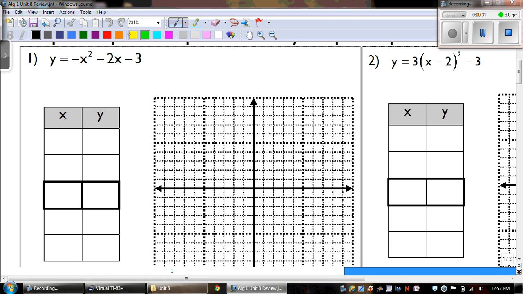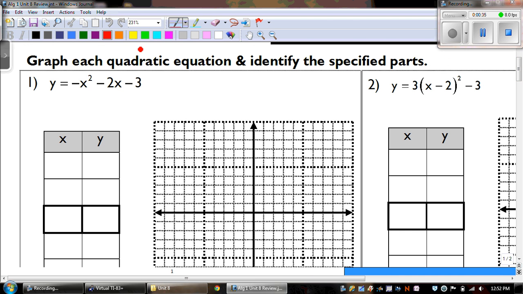Okay, and the formula for the vertex, in case you don't know, is x equals the opposite of b over 2a. So let's go ahead and do this. So x equals the opposite of b would be 2 over 2, and a is negative 1. Remember, this is a, this is b, and that's c.